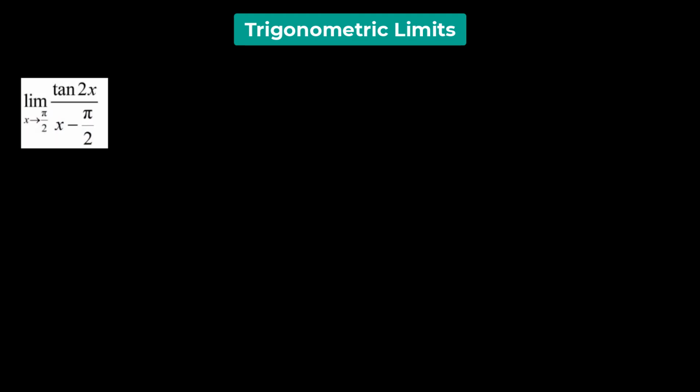So here we have the function tan 2x over x minus pi over 2. We need to determine its limiting value when x approaches pi over 2. So let us begin by changing the limit.